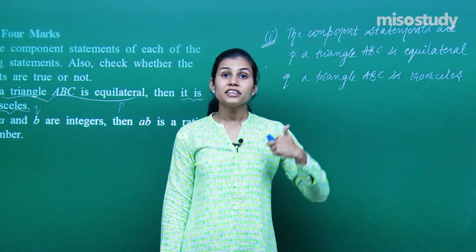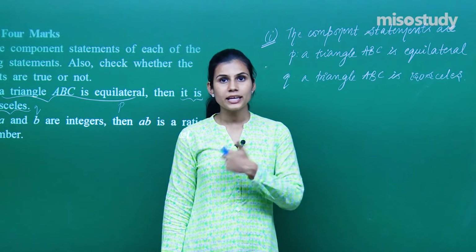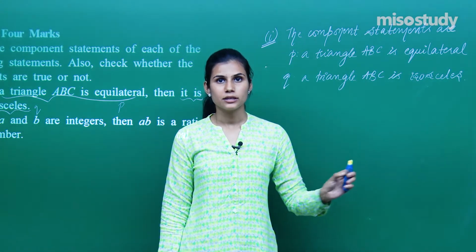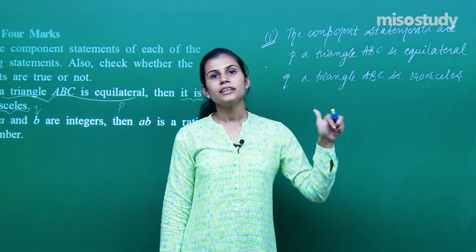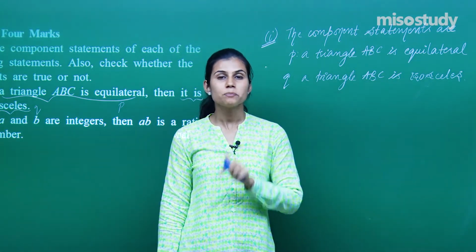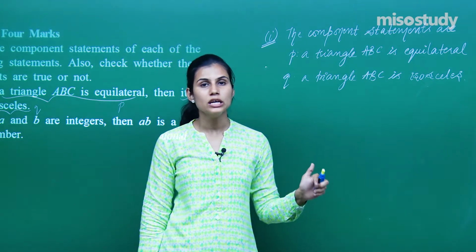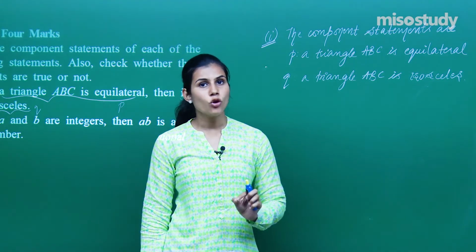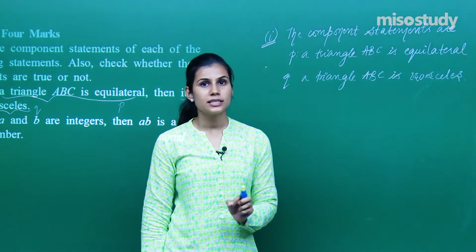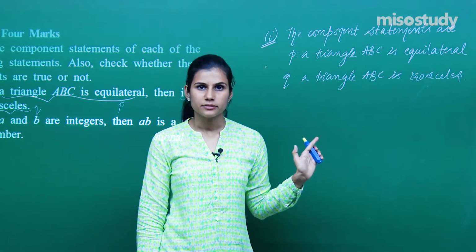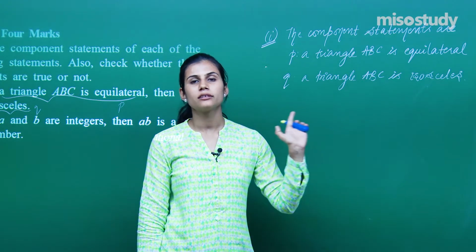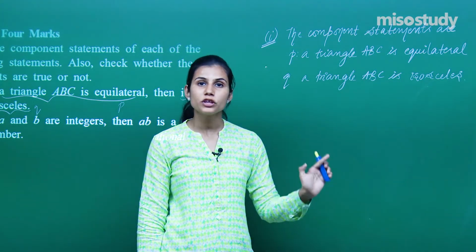If P is holding and Q is not able to hold in that situation, then if P then Q is an invalid statement. If P then Q clearly means that whenever P will hold, then Q has to hold, because P over here is a sufficient condition for happening of Q. If P is holding, if P is happening, if P is existing, if P is occurring, then it is sufficient for Q to occur. It is a sufficient condition for occurrence or happening or existence of Q.